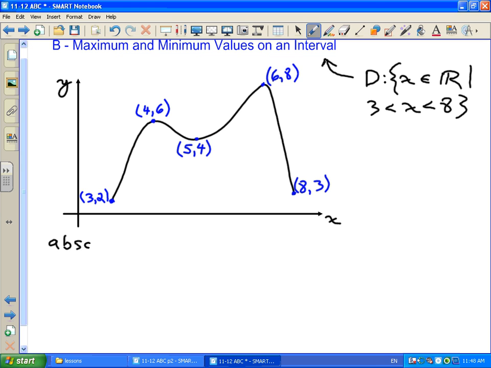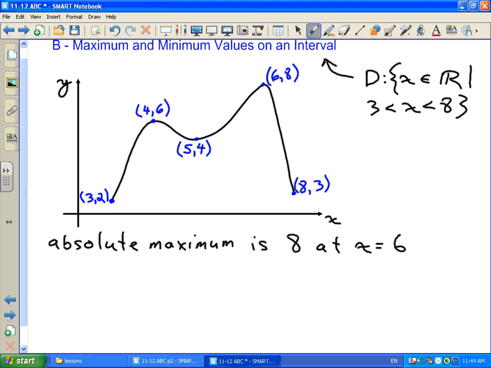So our absolute maximum here is going to occur at the point (6, 8). So the absolute maximum is 8 at x equals 6. Now, why is this the absolute maximum?